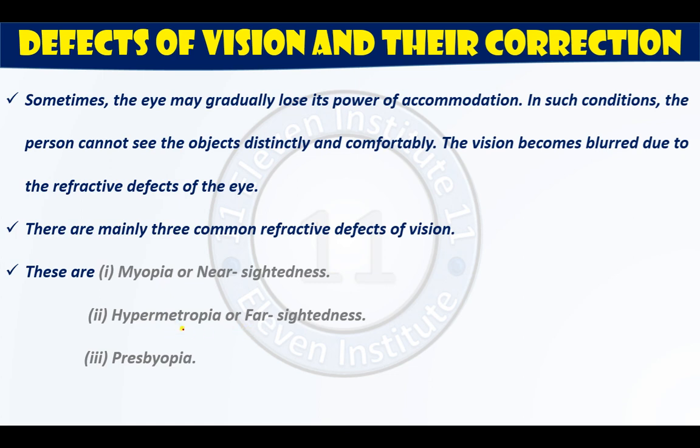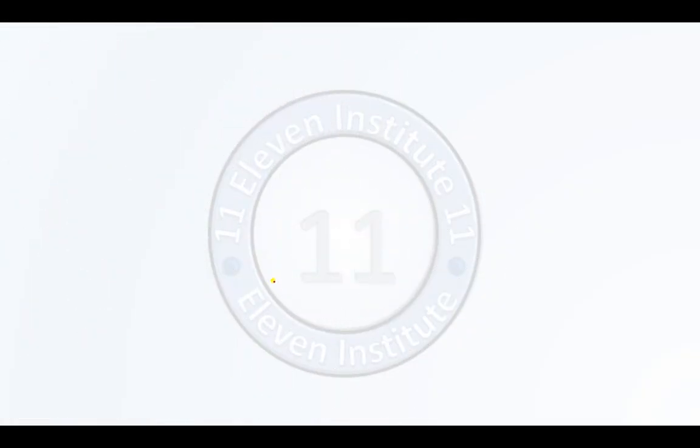Let us now discuss nearsightedness, and please be very clear. This is one of the most important parts of this chapter from where you can expect a sure short question. So be attentive, watch this and apply your logic.